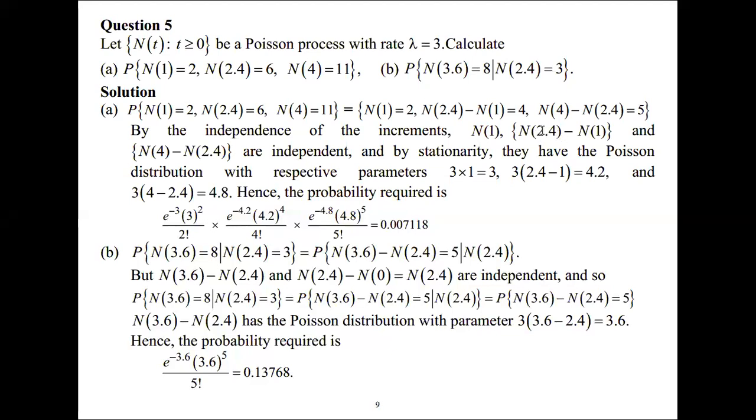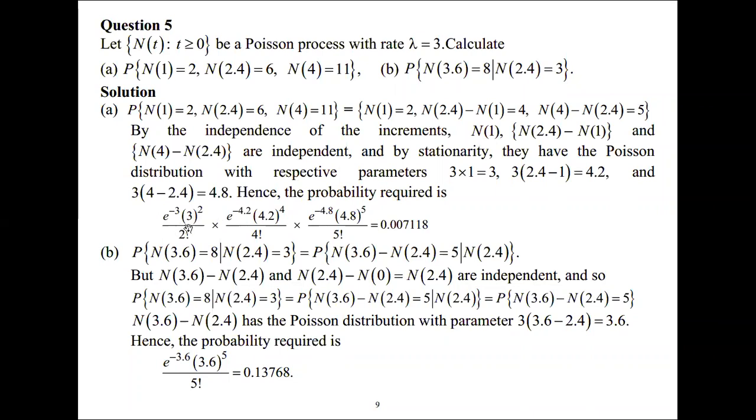And here, the time interval will be 4 minus 2.4, which is 1.6. So the time here is 1, the time here is 1.4, and the time here is 1.6. So you multiply this 1 by lambda to get the rate for the first one.